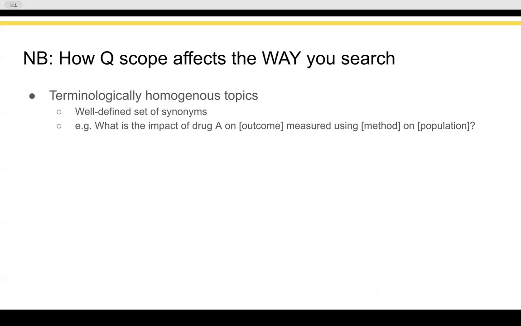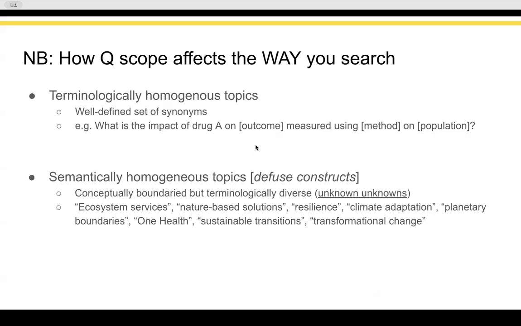So the intervention we're interested in, for example, might be described in slightly different terms, but those terms exist and are used in all of the research. So, for example, what's the impact of drug A on a specific outcome, measured using a particular method and measured in a specific population? For each of those components, we can use a synonym that would exist in the title, the abstract, or the keywords of the records we want to find.